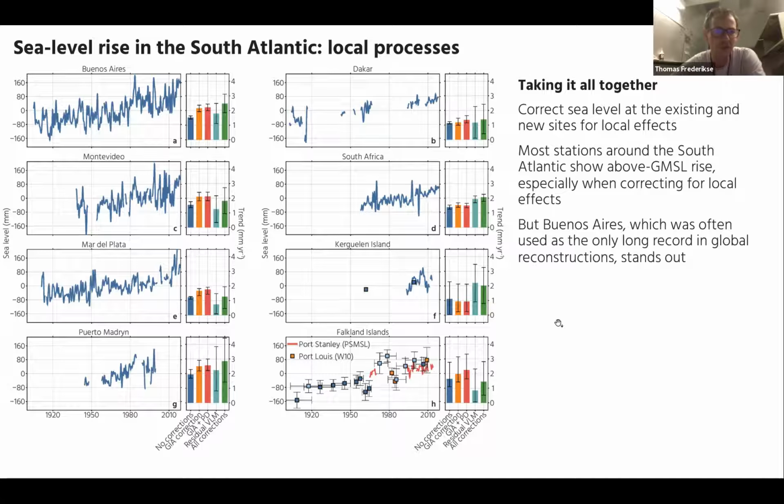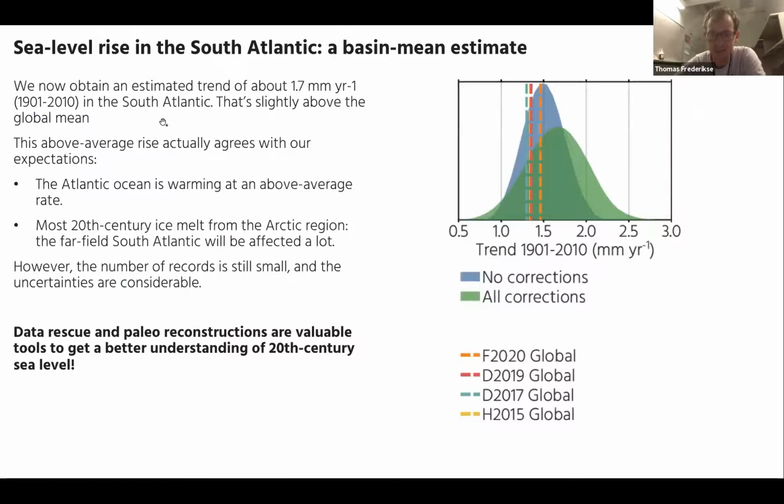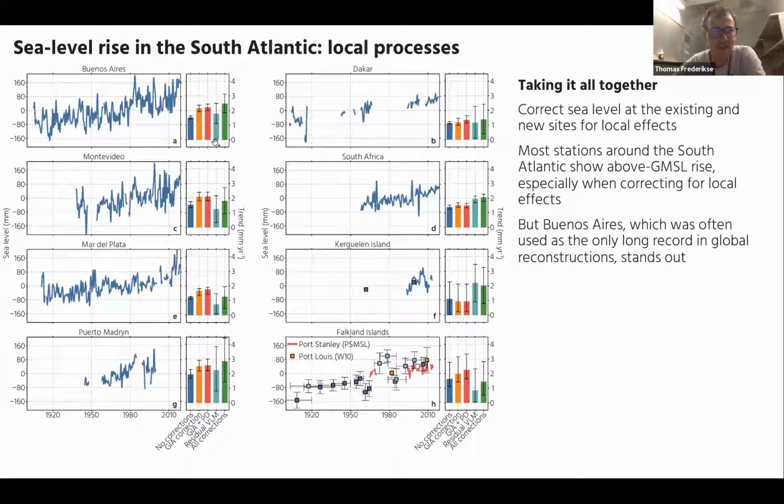But if you look, for example, at Buenos Aires, which was generally the only record used in many sea level reconstructions, you see that Buenos Aires has a trend of 2.5 millimeters per year over the 20th century after all these corrections, which is certainly higher than for the others. So by just relying on the Buenos Aires record, you might overestimate 20th century sea level rise in the South Atlantic. But just by having more records, you can really see that they are uncertain.